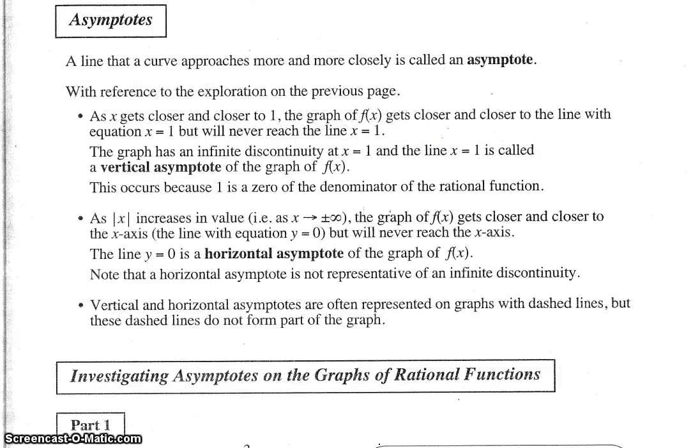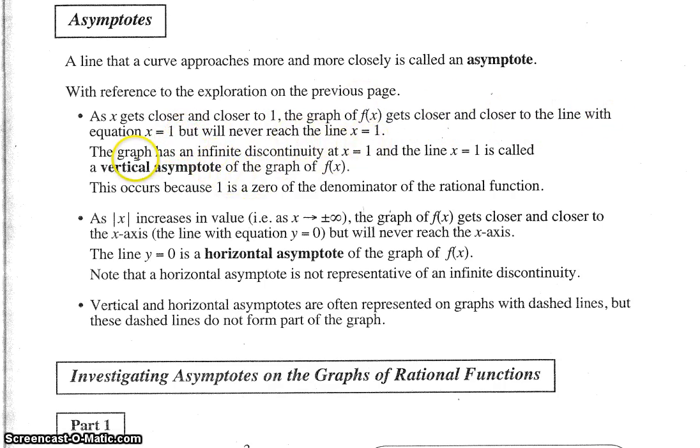Okay, so I kind of jumped the gun talking about an asymptote, but an asymptote is basically a line that a curve approaches more and more closely as the values of x or y approach a bigger value. So it's what we're approaching, but we don't cross, especially a vertical asymptote. As x gets closer and closer to 1, the value of f of x gets closer and closer to the line with the equation x equals 1, but we'll never reach it.